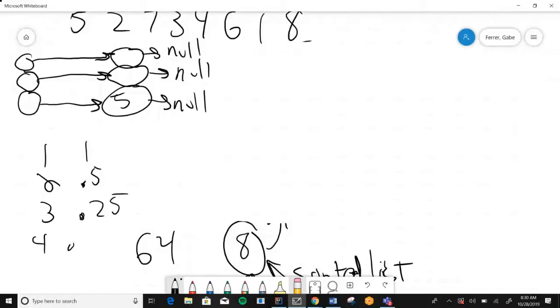And so with a height of 4, the probability is 0.125. With a height of 5, it will be 0.0625 and so forth, right? In other words, it gets cut in half every time.